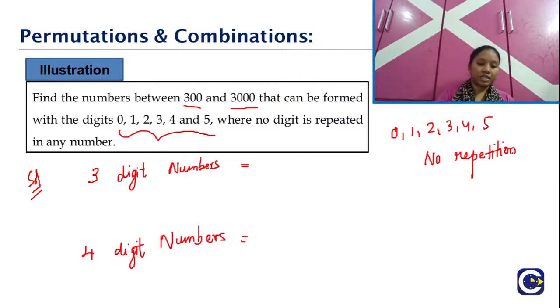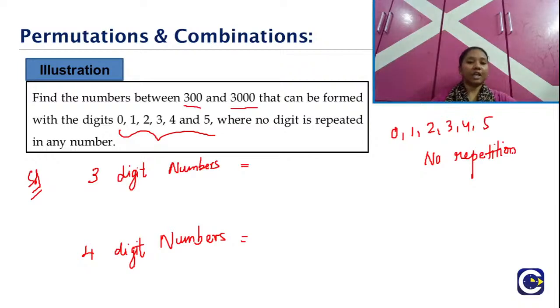So quickly solve it, guys. Let's see how many of you could give me the answer, because there is nothing new in the question. We have already done a similar type of question.